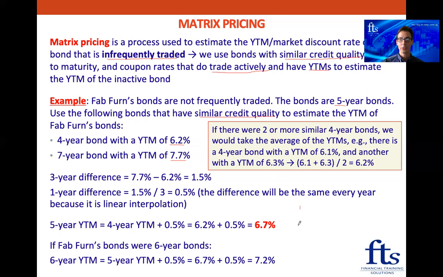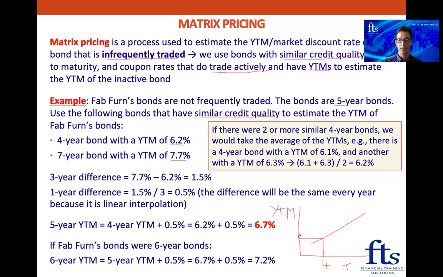I just want us to look at something here. What I'm drawing now is what we call the yield curve, which we're going to do in a lot of detail in a class or two's time. So we've got time on the horizontal axis and yield to maturity on the vertical axis. This is going to be an upward sloping yield curve, which they are most of the time. The 4-year bond is over here, and its yield to maturity is 6.2%.